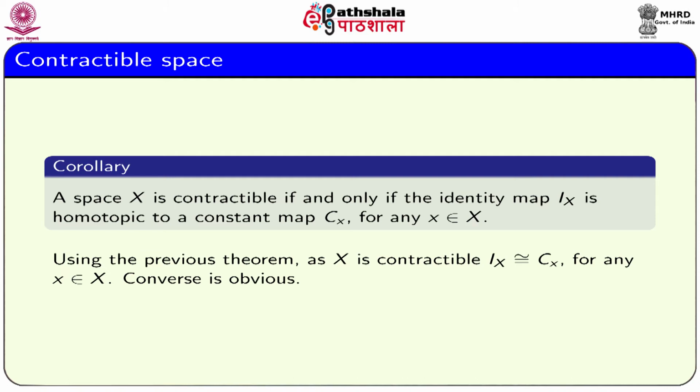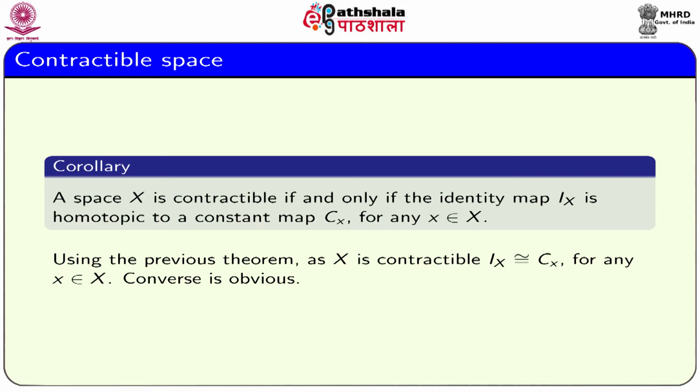Now, as a corollary to the theorem, we get the desired result that a space X is contractible if and only if the identity map Ix is homotopic to a constant map Cx for any x belonging to X. This is what we were looking for. Now, how do I prove it?